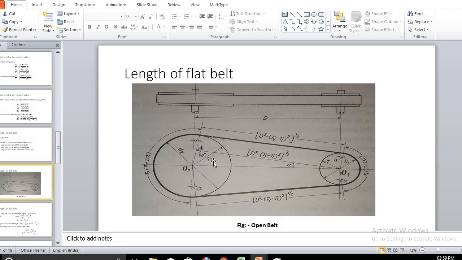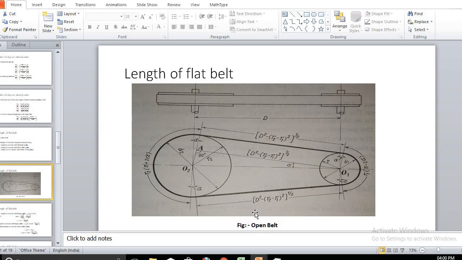This is a right angle triangle, and this length is equal to the length in the other triangle, so this distance and this distance are the same. It is calculated as the square root of d squared minus (r2 minus r1) whole squared, by using the right angle triangle theorem.